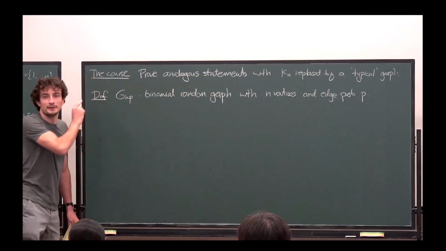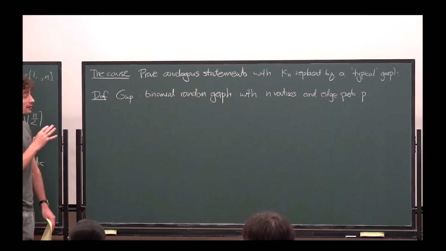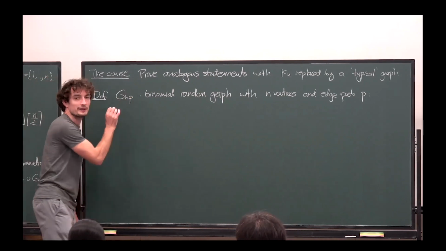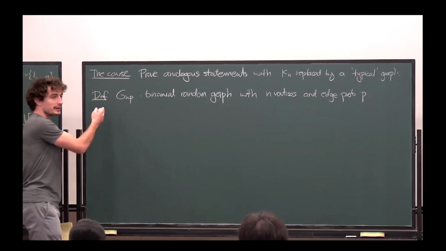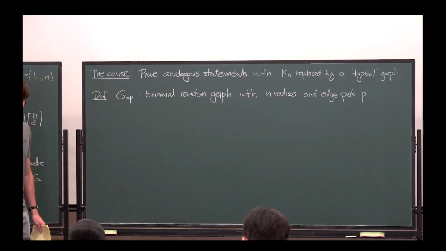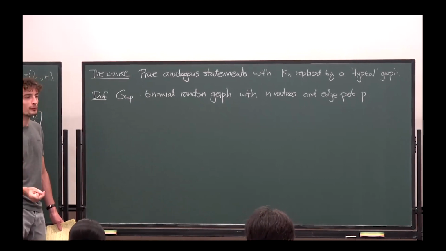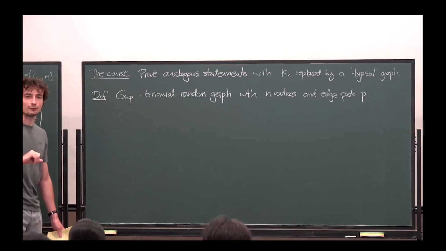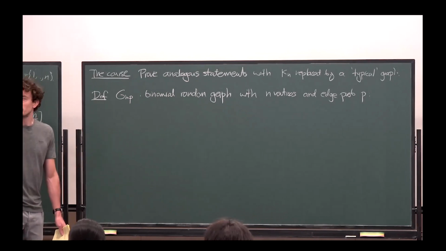This is a random graph, which means it's a random variable that takes values in the family of graphs with n vertices, and it can be most easily described as the outcome of the following random process. Kn, the complete graph on n vertices, has n choose 2 edges. For each of these edges, we toss a coin that comes up edge with probability p and non-edge with probability 1 minus p, and we do it sequentially and independently for all the edges.